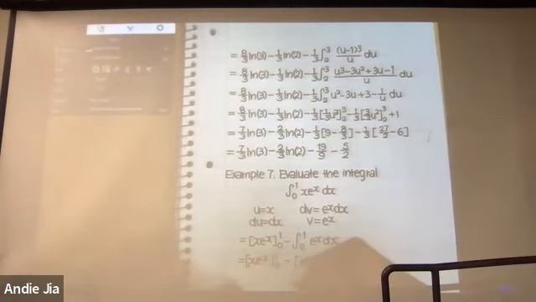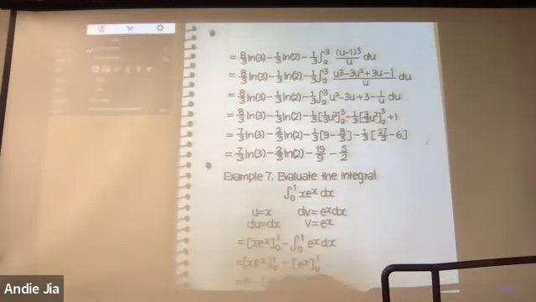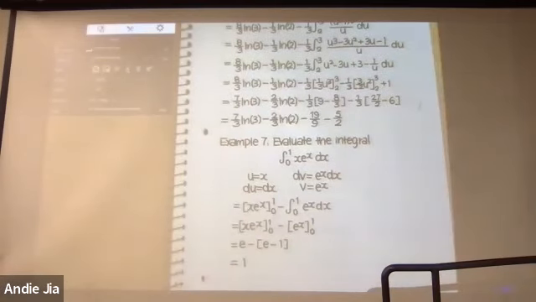We get e minus (e minus 1), which is e minus e plus 1, equal to 1. Is that easy? Right? 1 is the answer.